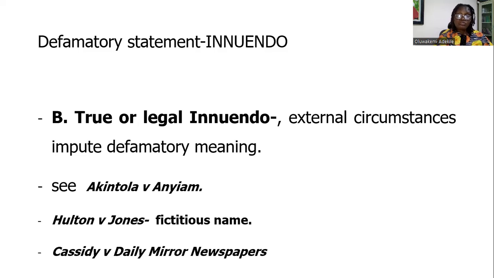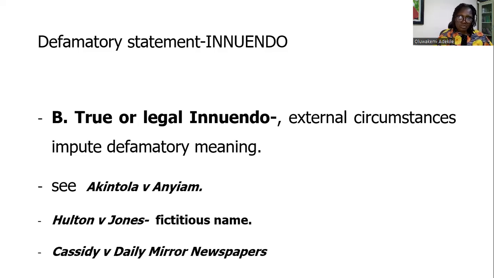He was known to be from Ogbomoso, former Oyo State. But the publication of the defendant was that this plaintiff is the son of a chief from Ijesha land, Ilesha. Now, what is defamatory about that?